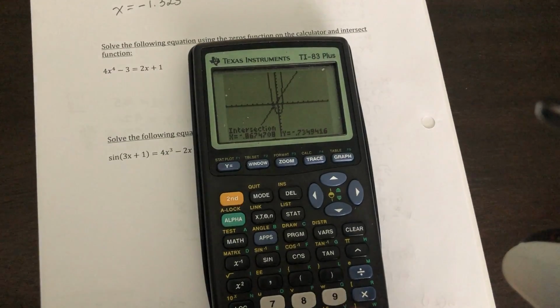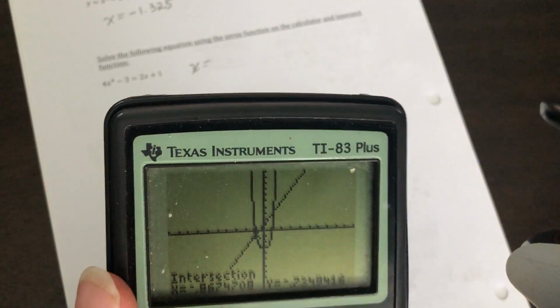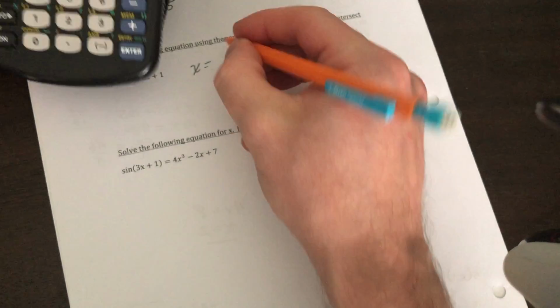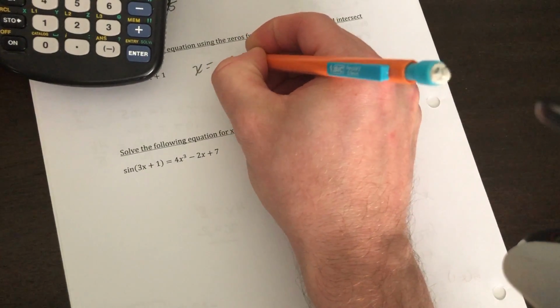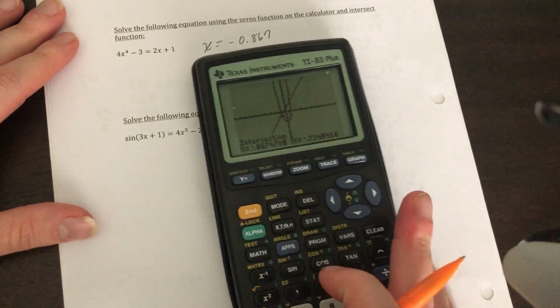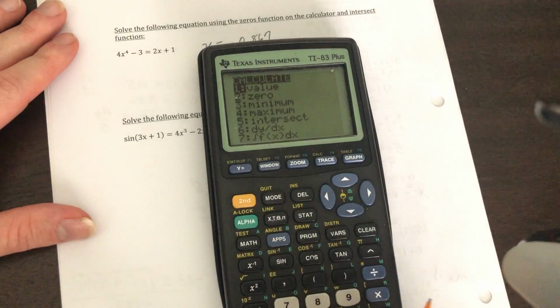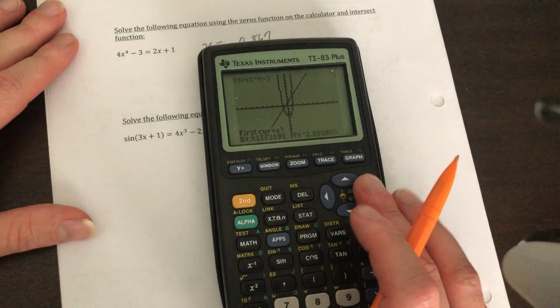So it's going to intersect at negative 0.867. And then we're going to find the other intersection point over there. So second calc, intersect.